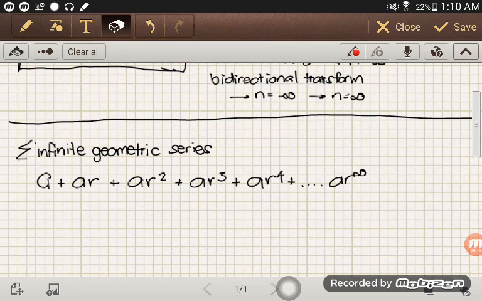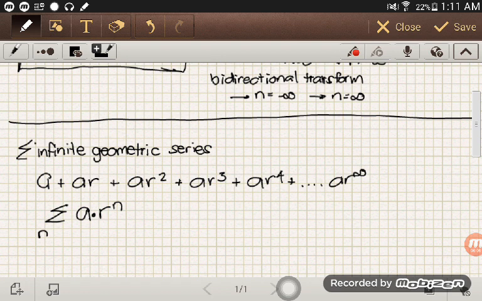If you simplify it in a common term, this is how we express your infinite geometric series: the summation of your first term a times r raised to n, wherein n is equal to 0 to positive infinity.